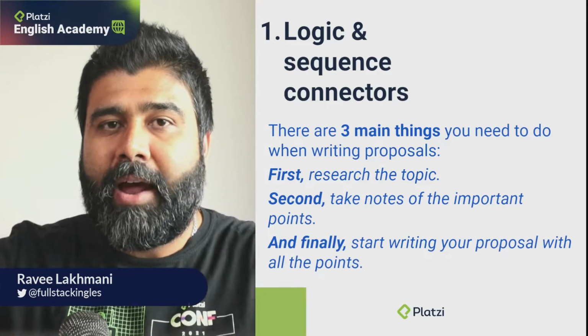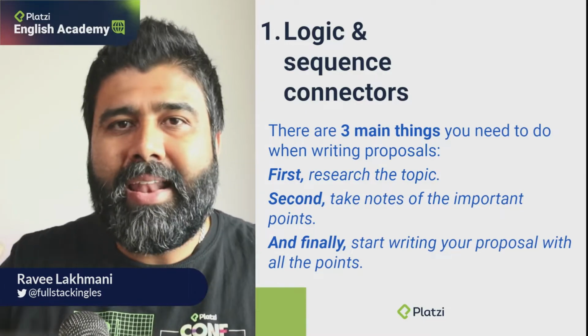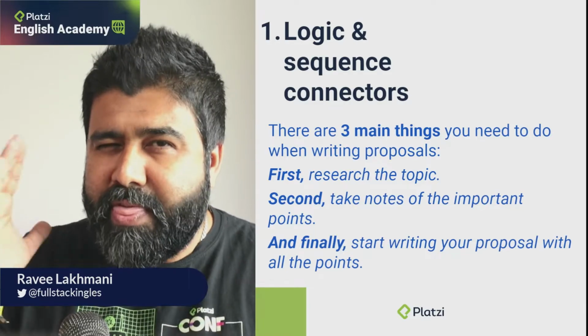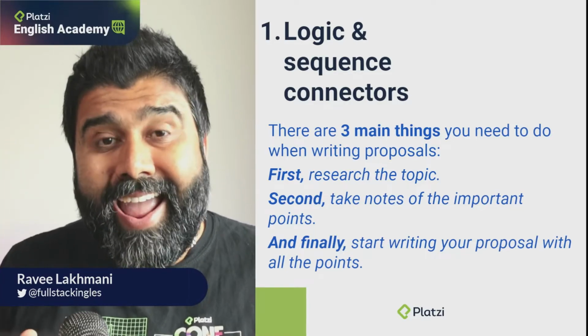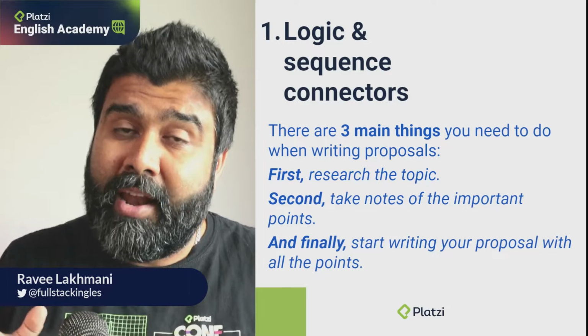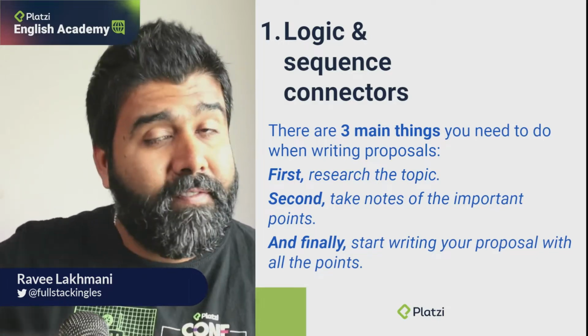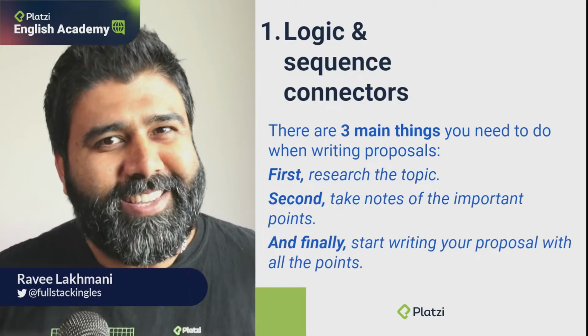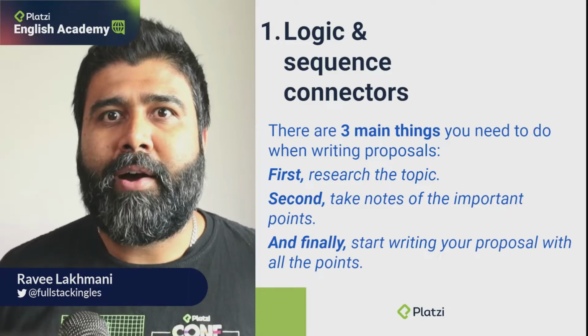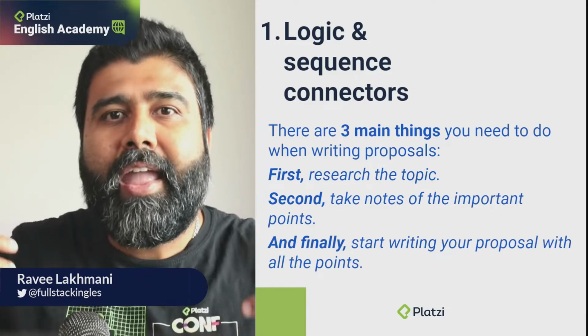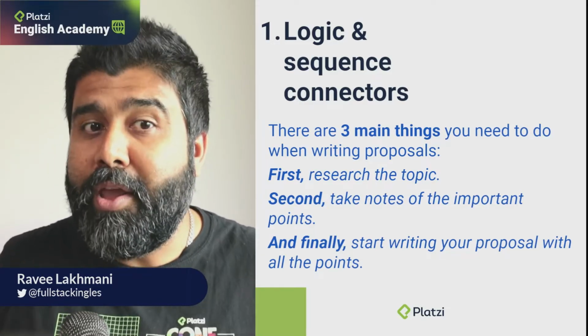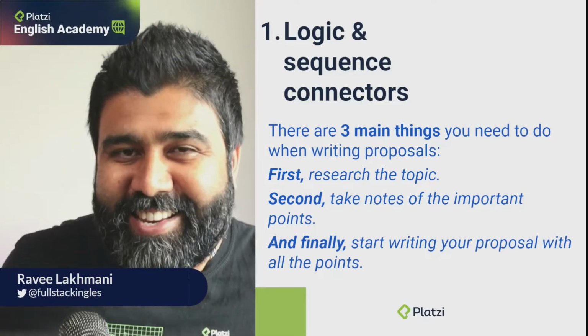The three things that I'm going to tell you, I told you clearly in the beginning: there are three main things you need to focus on. And then I used connectors to tell you the first, second, and the final thing. You can do the same next time you're going to talk about more than one thing in your speaking or writing by using logic and sequence connectors.